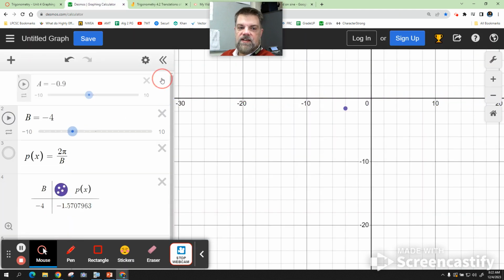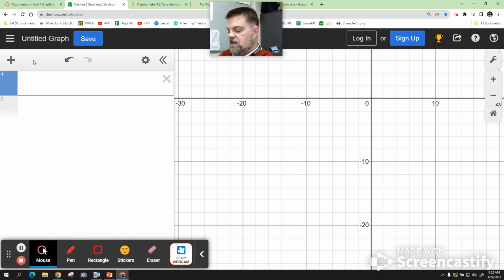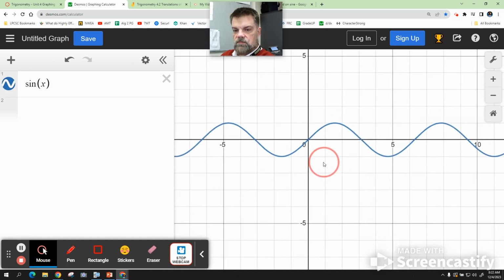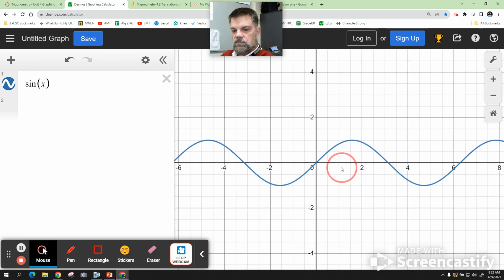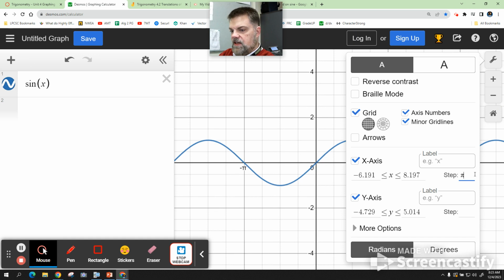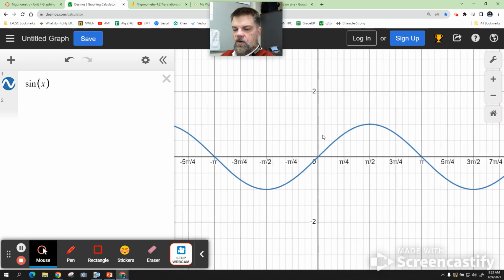So let me close all this out, because this is what I want you to see. This is the hard part. So if I say sine of x, and I know it's taken the whole class. So and I'm going to put this in terms of pi over 4. Okay.